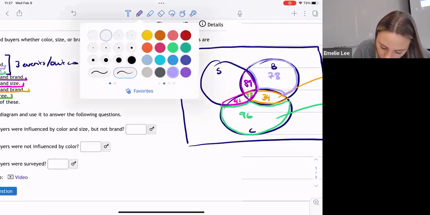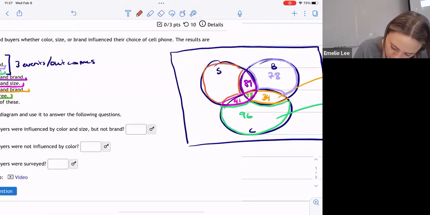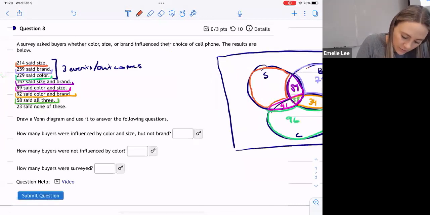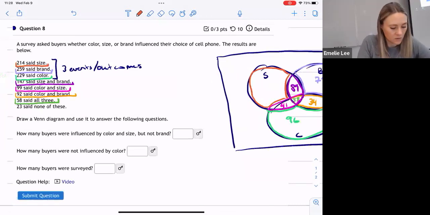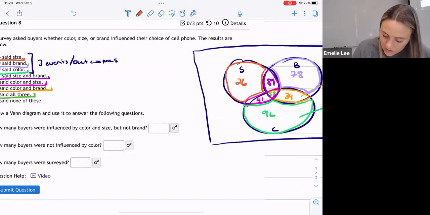And about this kind of burnt orange. Same thing, 214 said size. So 214 minus 41, not plus 58, minus 58 minus 89 puts me at 26.